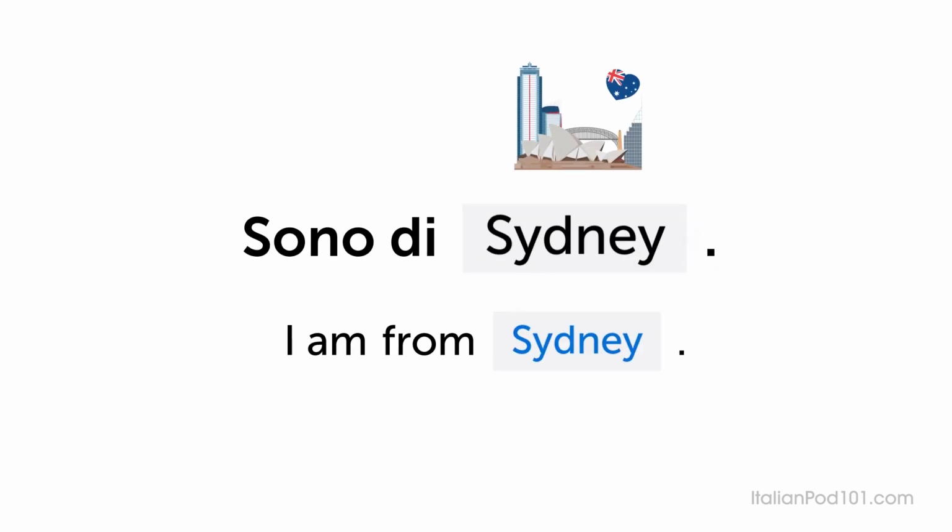Imagine you're from Sydney. In Italian, Sydney. Say, I am from Sydney. Ready? Sono di Sydney, I am from Sydney.